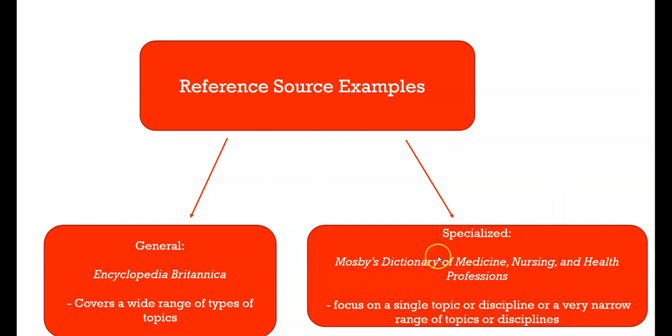There are also specialized reference resources, and those cluster around a single topic or discipline or a very, very small range of them. And those are things like Mosby's Dictionary of Medicine, Nursing, and Health Professions, the Dictionary of Art, Great Supreme Court Cases, or Historical Statistics of the United States.